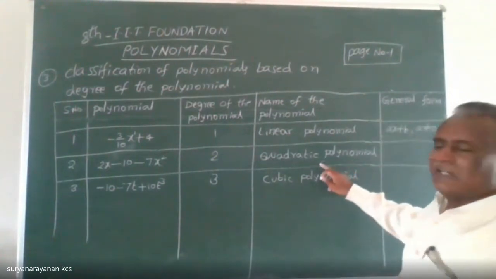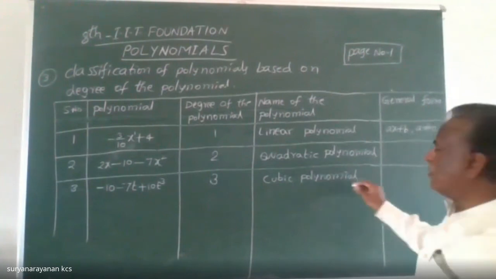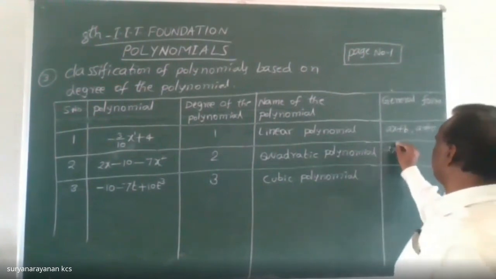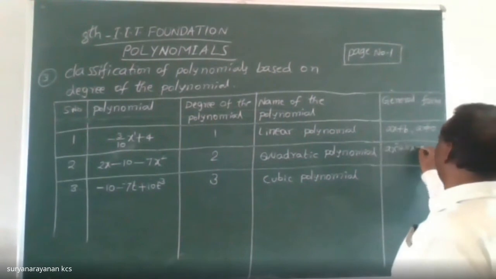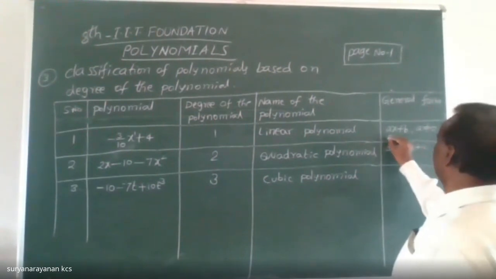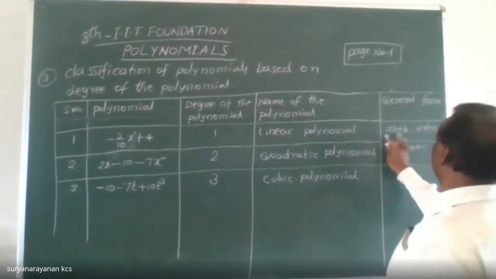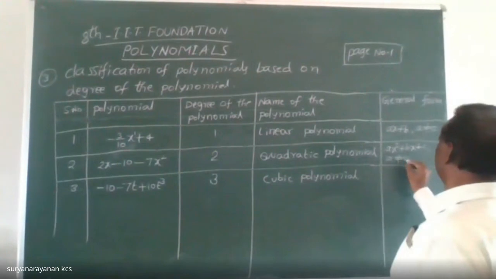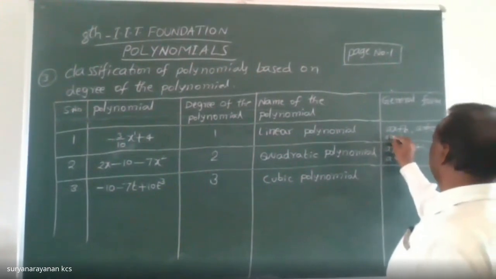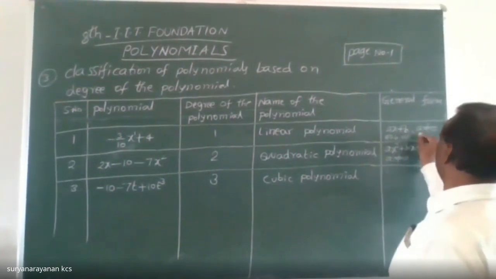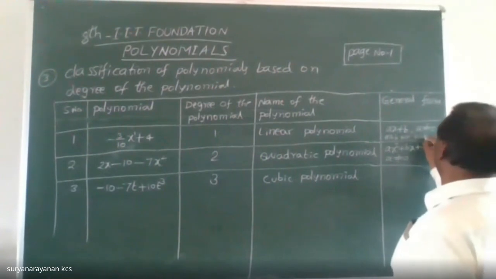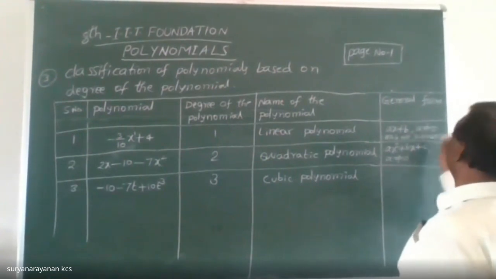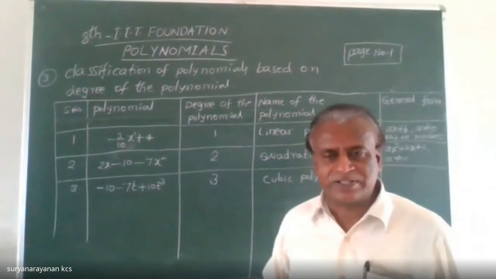Similarly, the general form of a quadratic polynomial will be in the form of ax squared plus bx plus c. Where a, b and c are numbers.